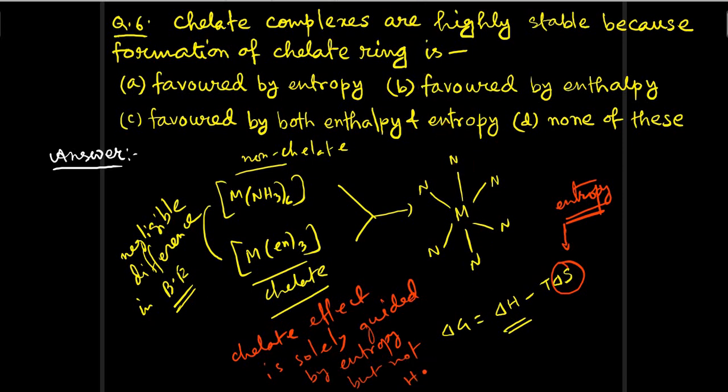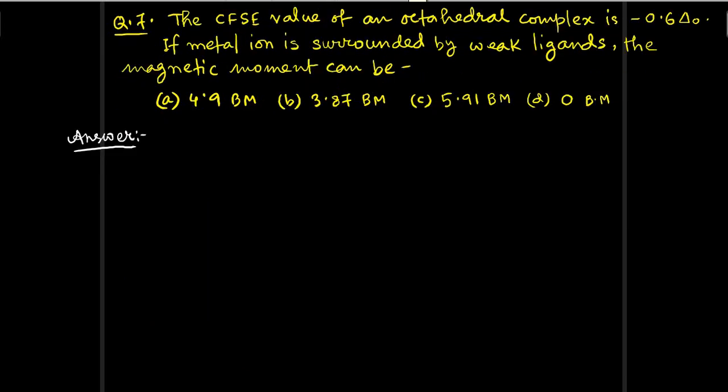Move to the next question. The CFSE value of an octahedral complex is minus 0.6 delta O. If metal ion is surrounded by weak ligands, the magnetic moment can be.